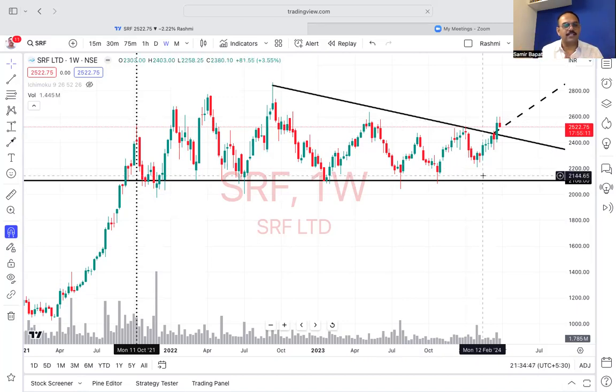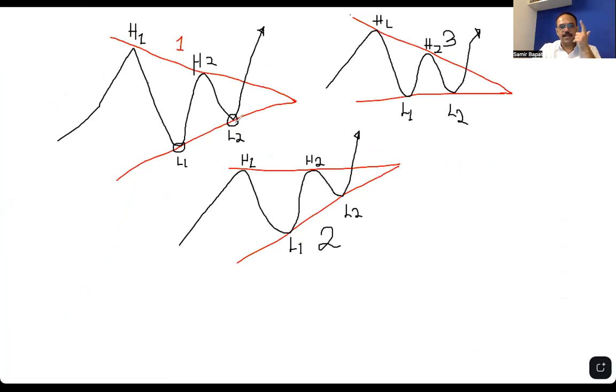So all three concepts are very, very important. I'll summarize all three concepts for the fine tuning of triangles before we go ahead. One, there should be higher lows, or lows should be at the same level.